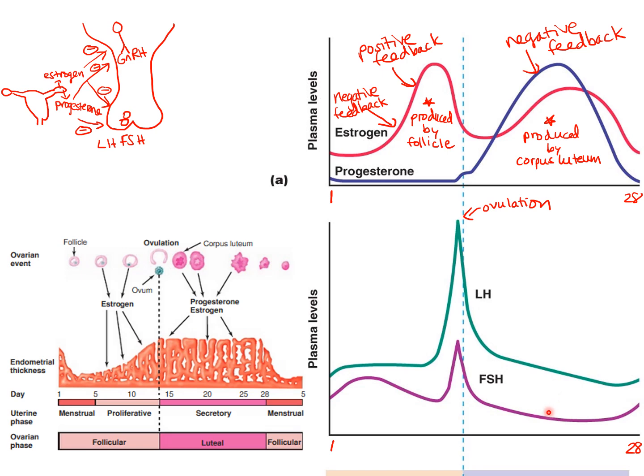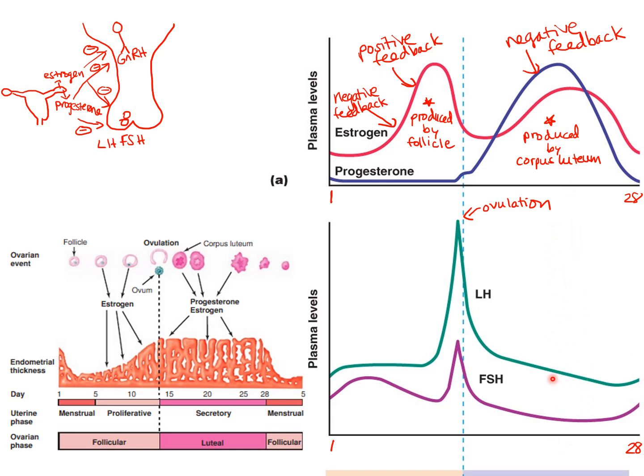And that makes sense because we don't want to have another LH surge because we've already released the egg, and we don't want to be developing more eggs right now and ovulating them because we've already released one.